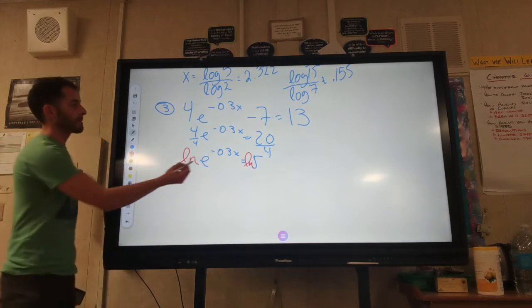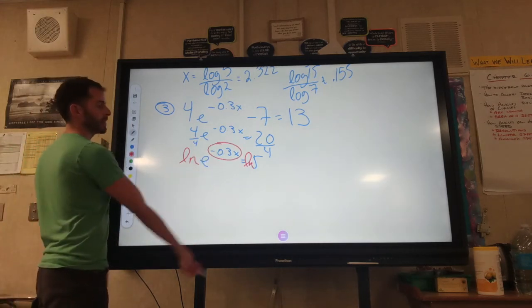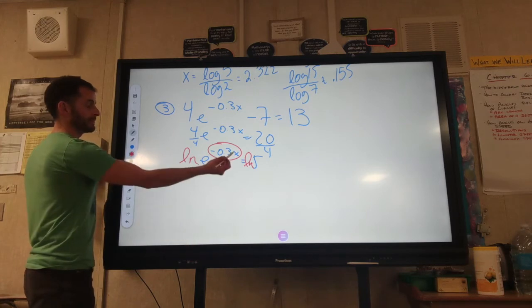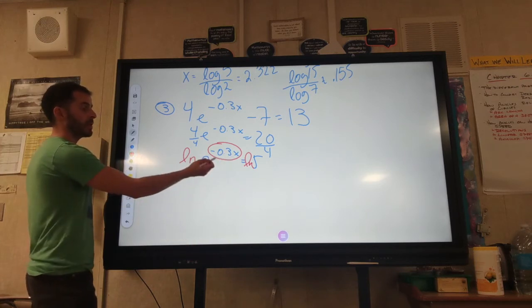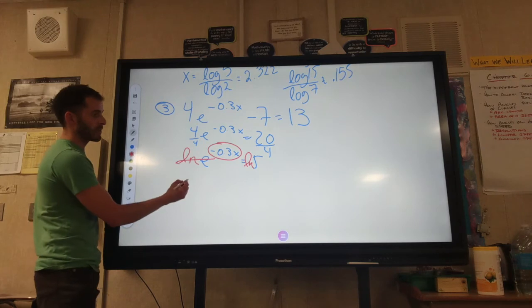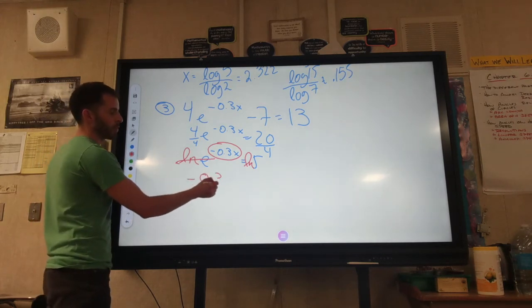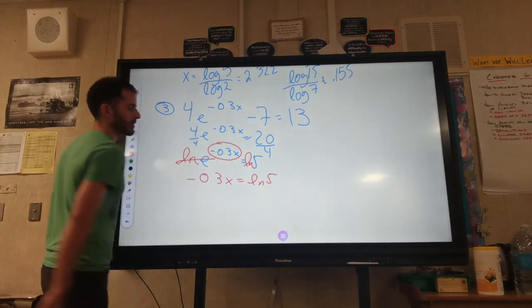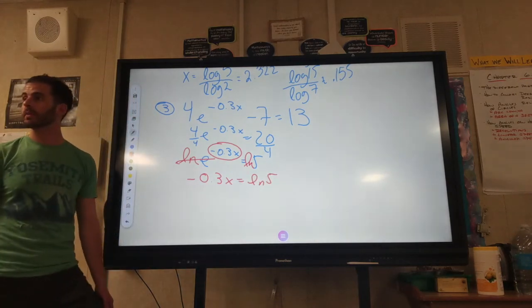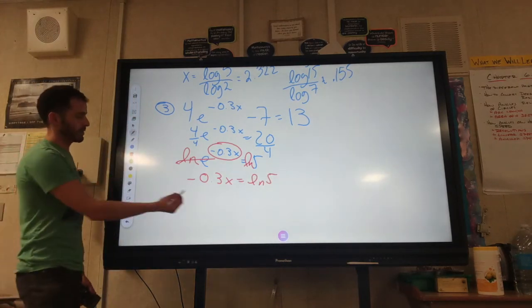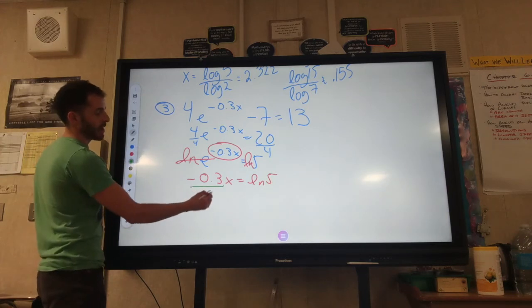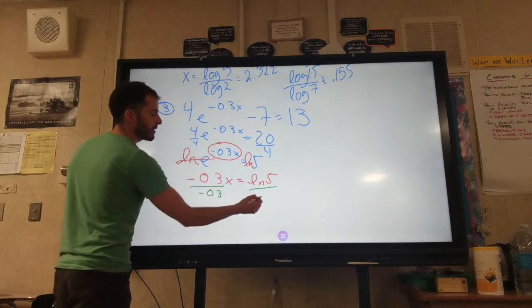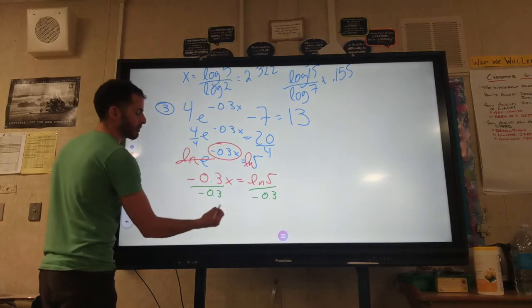So ln of e, you remember, cancels out. So now we just have negative 0.3x equals ln of 5. Can you solve for x with a calculator? Type in ln of 5, and then divide by negative 0.3.